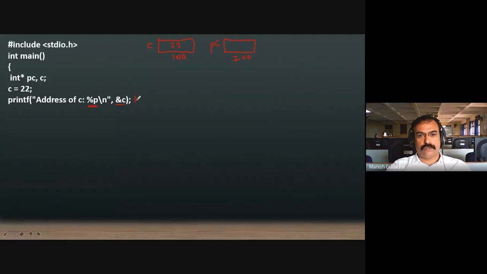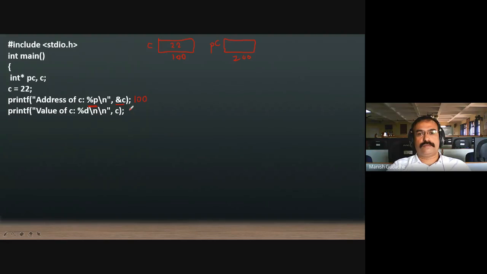So I am going to write 100. I am assuming 100. The addresses are not in our control because they are dynamically provided based on the free locations available. We can just know it after it is allocated, but we ourselves cannot allocate it. The 100 and 200 values are just an assumption. So address of C is 100.